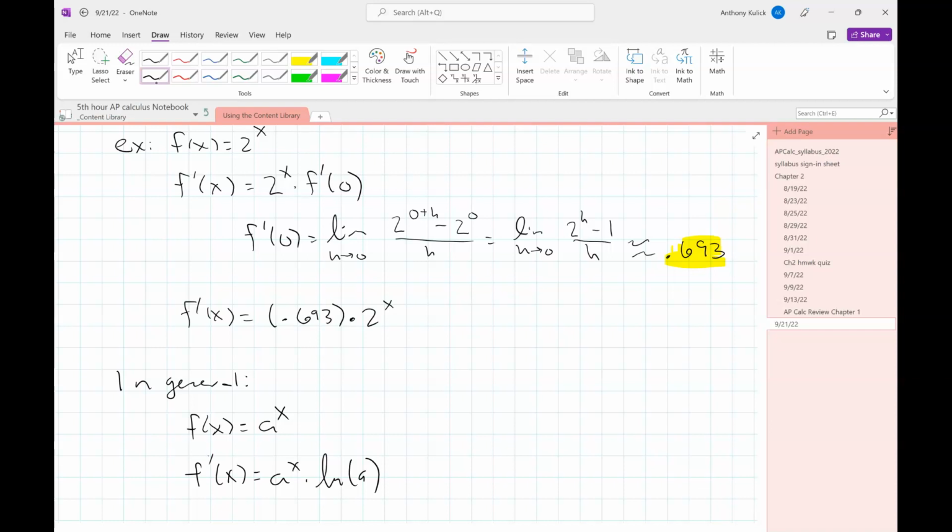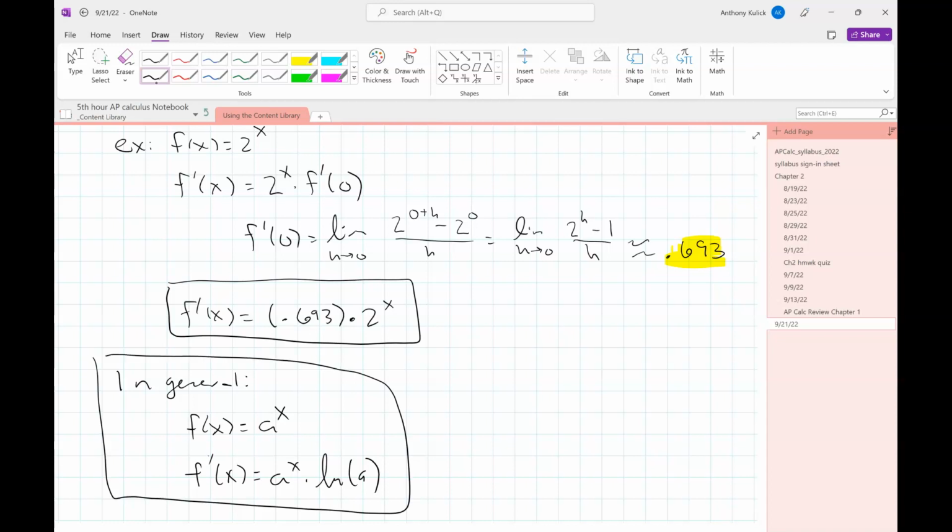It's much easier to do it with the chain rule, but we're not ready to do that yet. So this was the end. I'm just pointing out that in general, that 0.693, you guys didn't recognize it. I recognized it immediately as the natural log of 2. And in general, this is the derivative rule for an exponential.